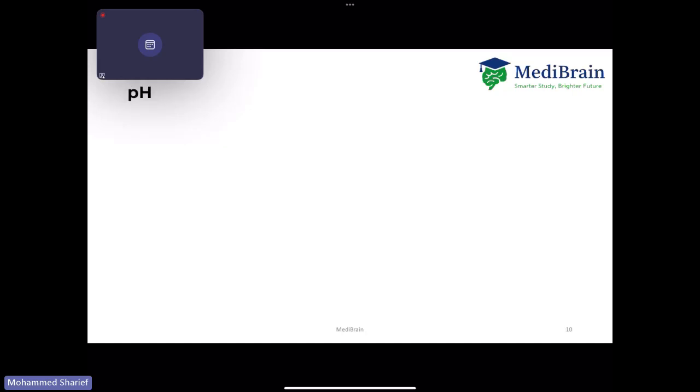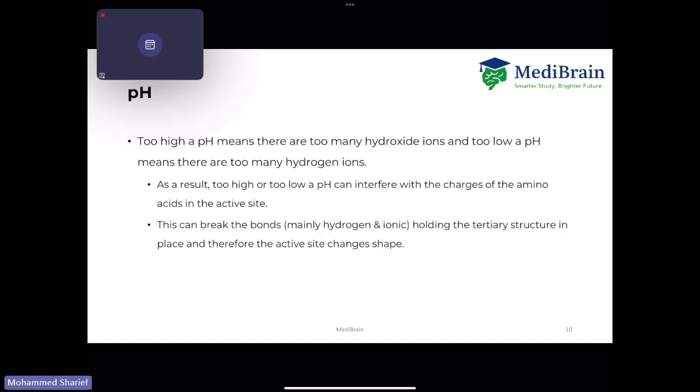If we move on to pH, this is again very similar to GCSE. If the pH is too high, there are too many hydroxide ions. Okay, so if we look at the pH scale, if we have a pH of 1 all the way to a pH of, let's go to 14, on this pH scale, this goes in increasing hydroxide ions, and this goes in increasing hydrogen ions.